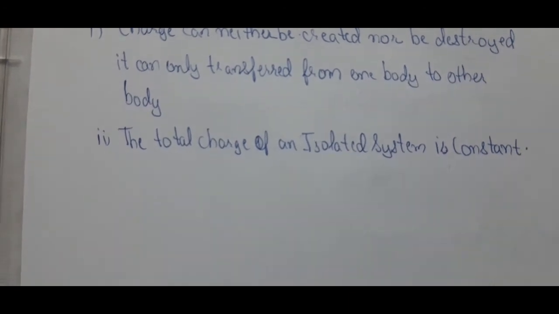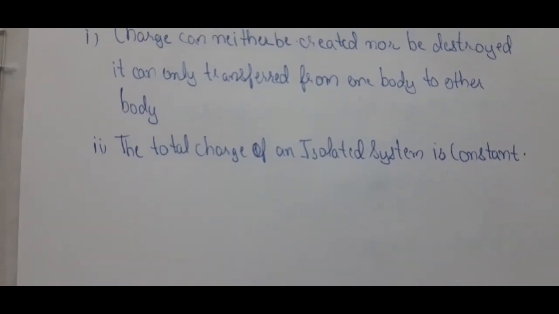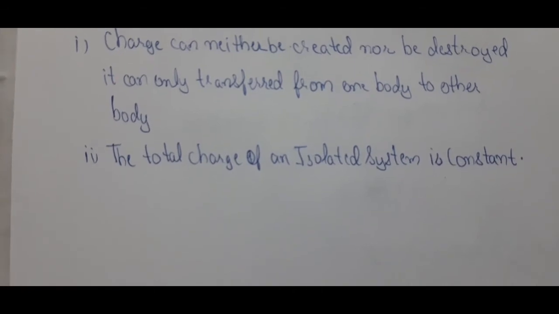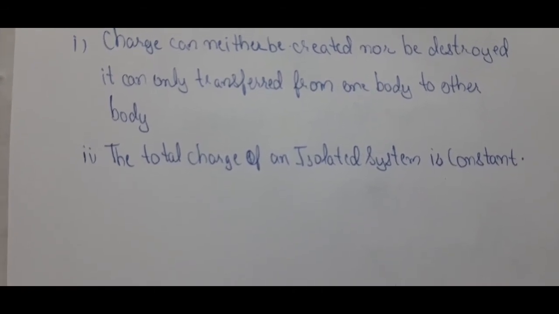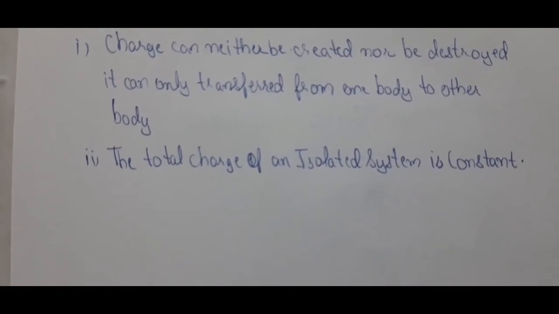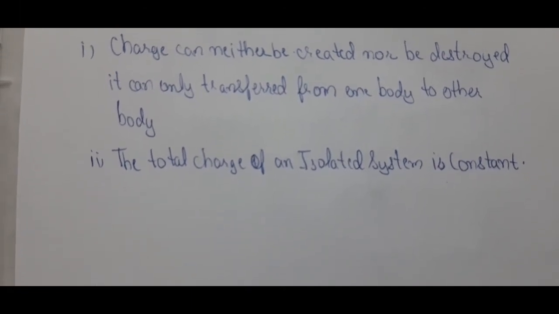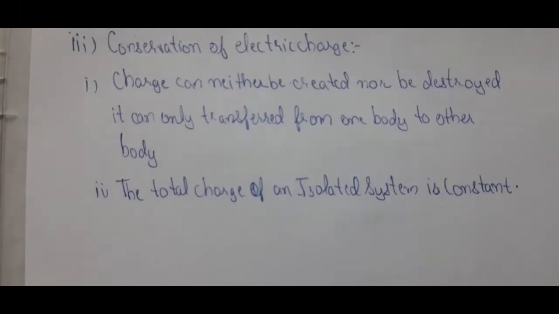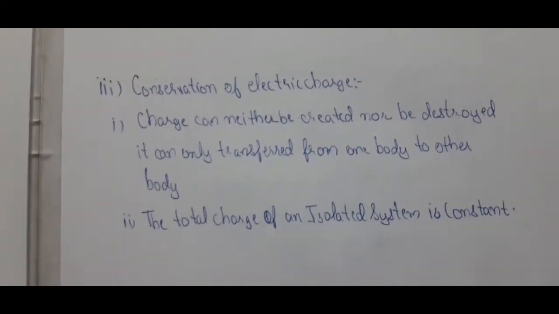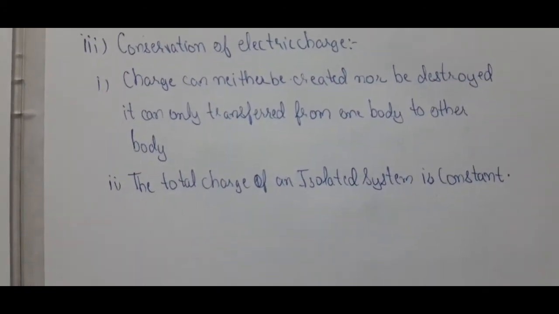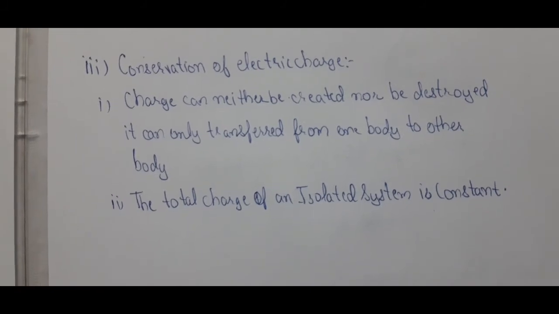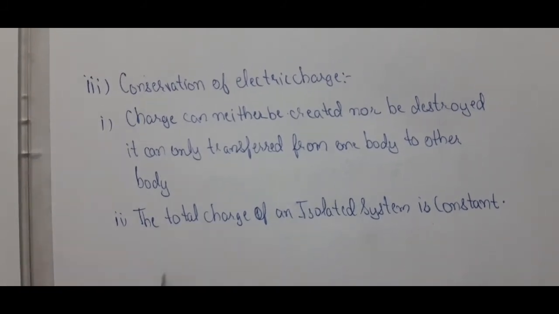You have studied in previous classes that charge can neither be created nor destroyed. It can only be transferred from one body to another body. The next point is that the total charge of an isolated system is constant. So let's have an example of this.